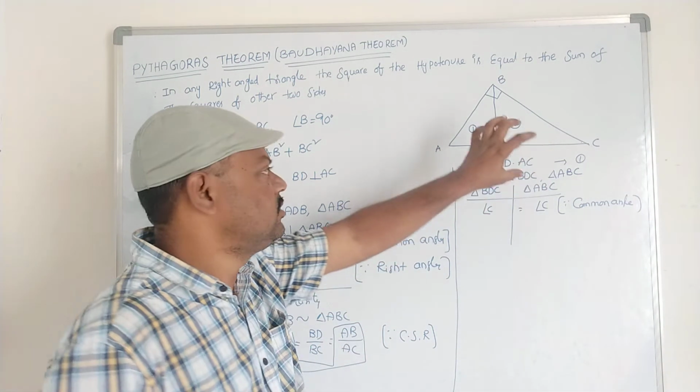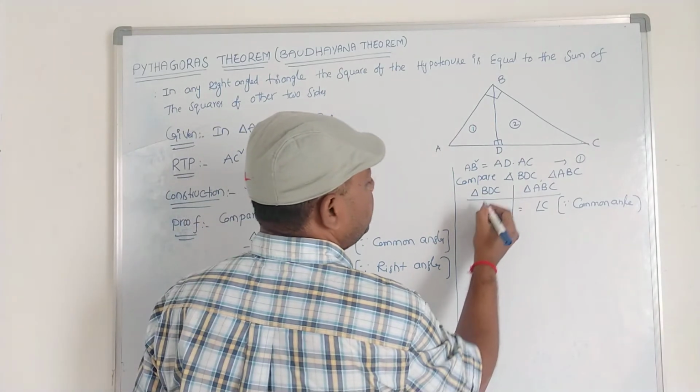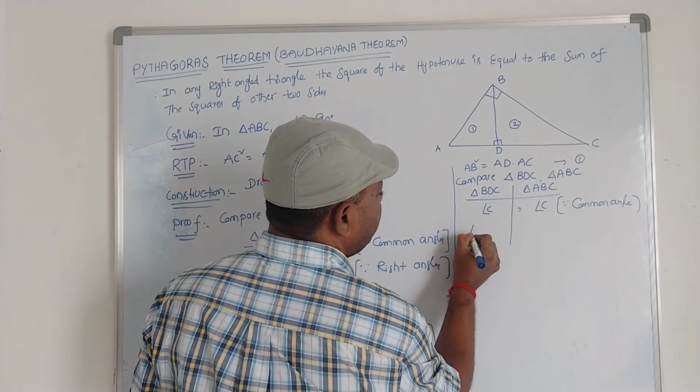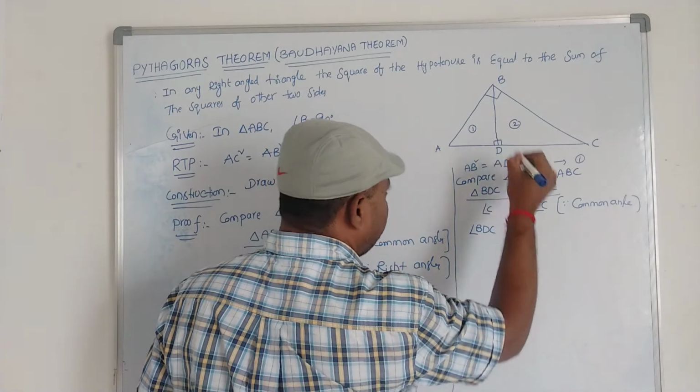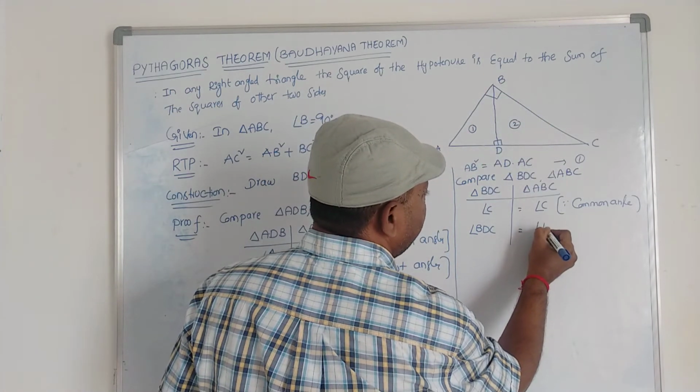Next, select the right angles. In the small triangle, angle BDC, that means angle D, is a right angle. In the whole triangle, angle B is a right angle.